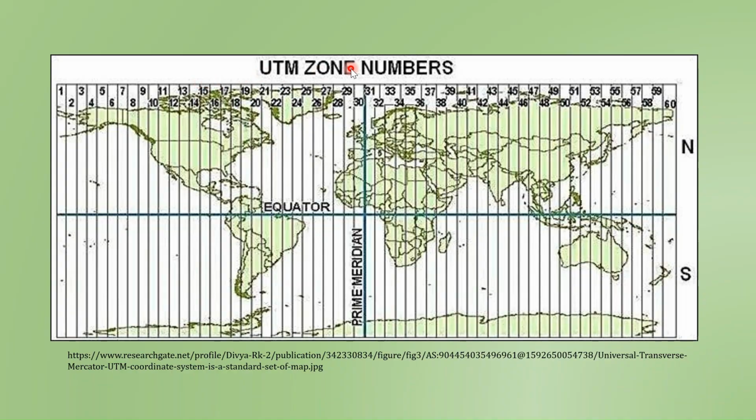Thus, the projected coordinate system is used to transfer the information of real-world features onto a computer screen or a flat paper. One of the most commonly and widely used projections in projected coordinate systems is the UTM projection. So, we will cover this particular topic in detail in our next video.